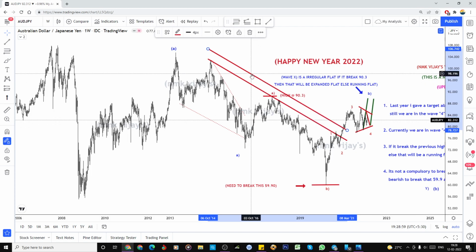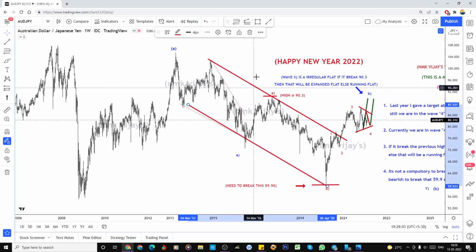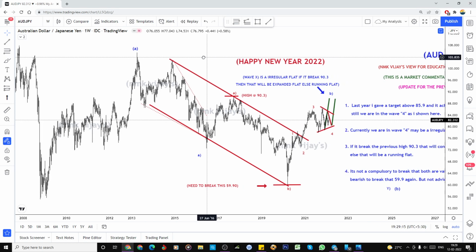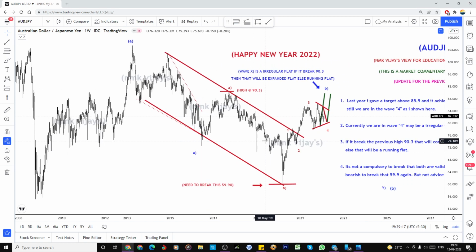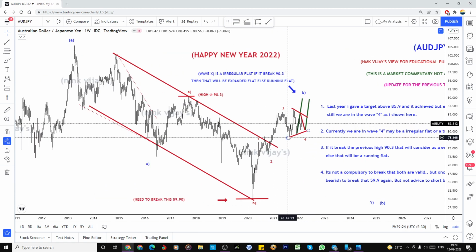Once again, I will do that. Yeah, here, right? So this one is A, B, C. So this is an A. After that, we need a three-wave structure, but it does not seem like a correction, right? So in all the pairs of the Australian dollar and the New Zealand dollar, it has already broken, and it seems like 1, 2, 3, and we are in the fourth wave, once the triangle is completed and one more high.